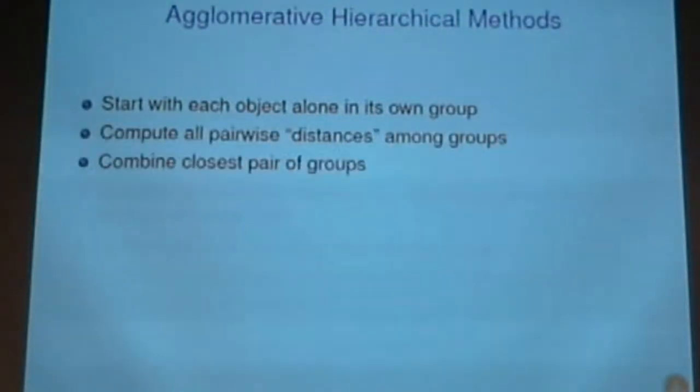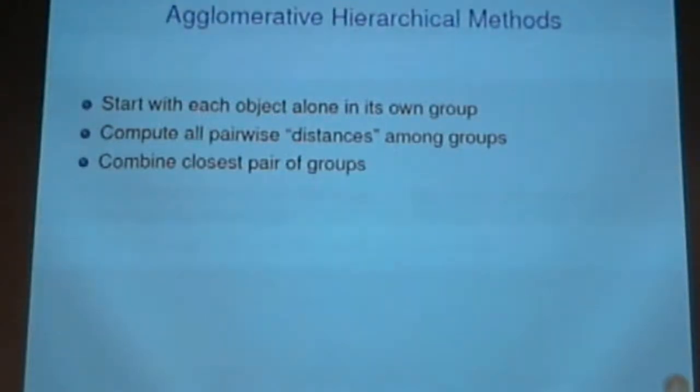We already talked about the agglomerative hierarchical methods, and R has a default method called hclust, which is hierarchical cluster. It's bottom up. The cluster package also has an agglomerative method, which uses a very different name. It's called AGNES, agglomerative nesting.